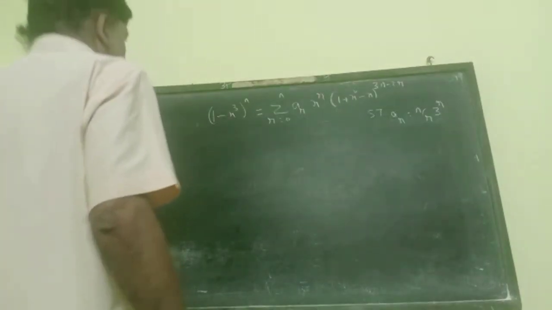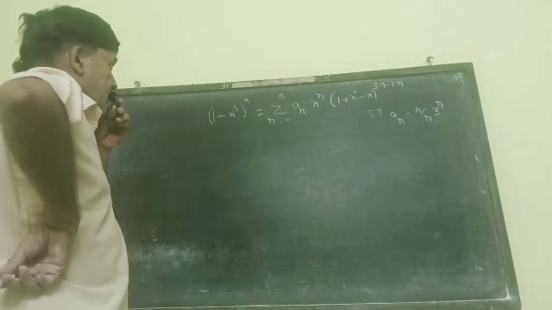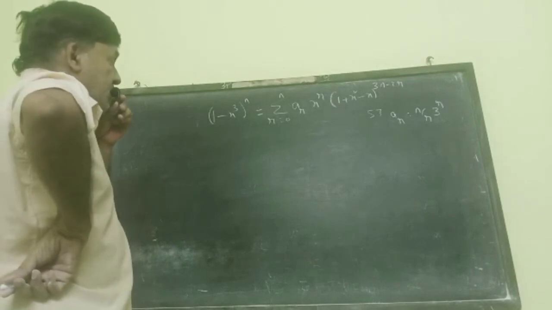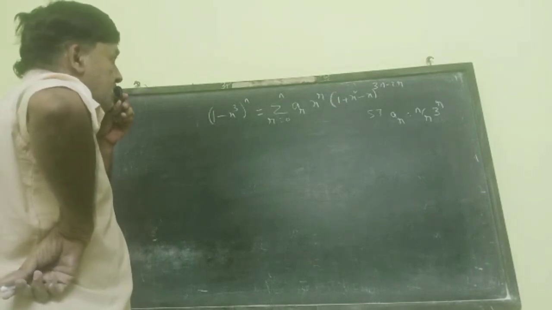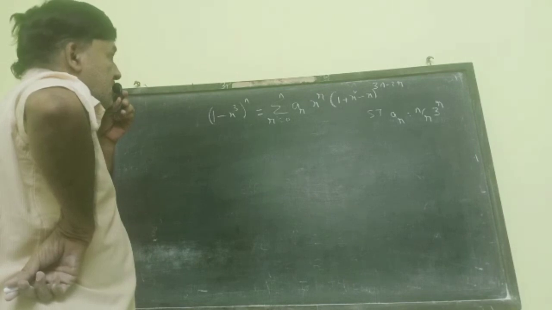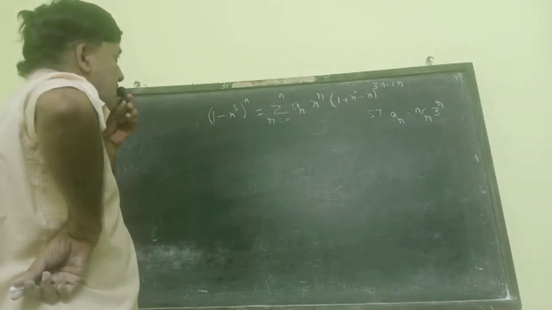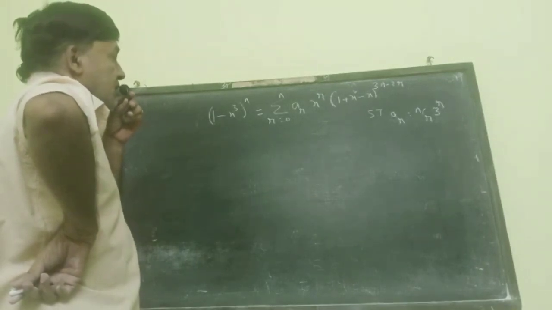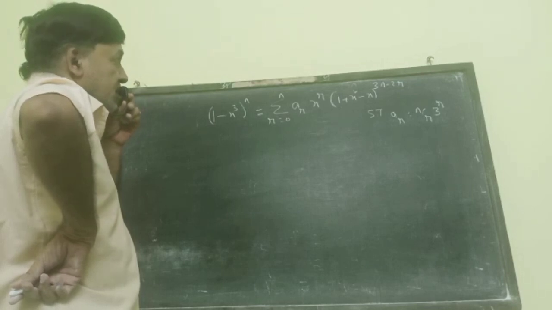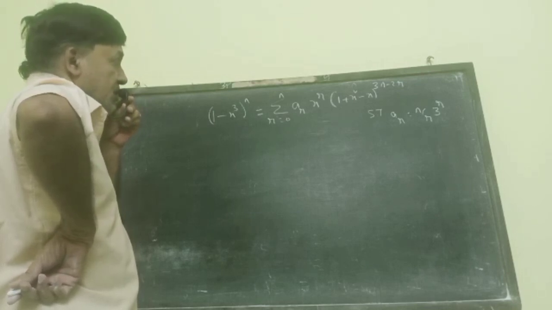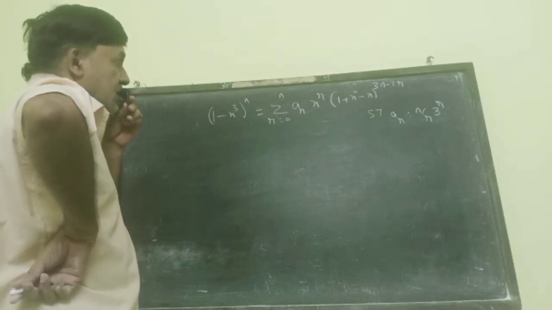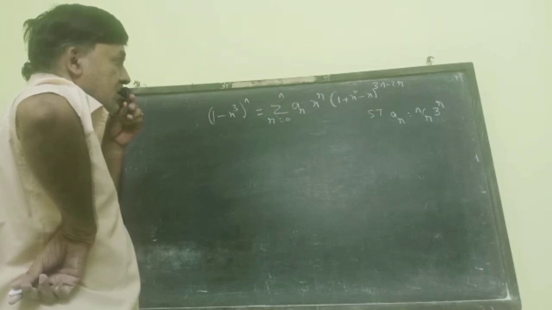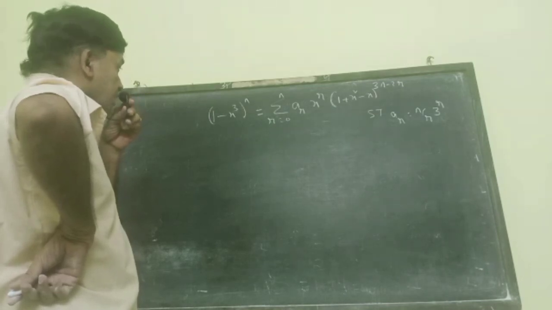See, the next question: (1 minus x cube) whole power n is equal to sigma AR x power r (1 plus x square minus x) whole power 3n minus 2r. Then you have to show that AR is equal to nCr 3 power r.